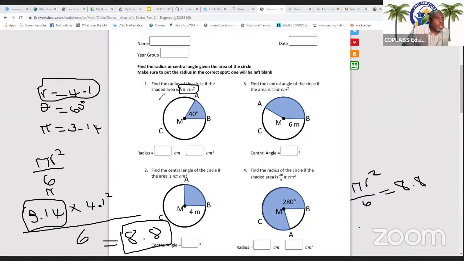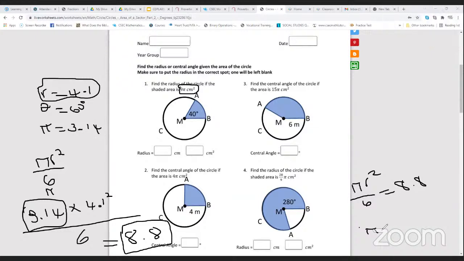So remember now, at the 9, what do we arrive at there? If I multiply this 6 by this 8.8, what's the answer I'm going to get? 52.8.